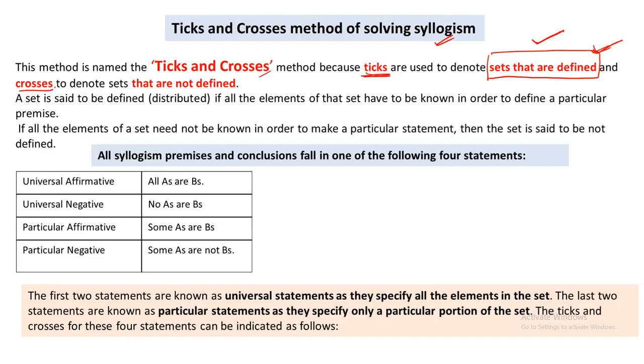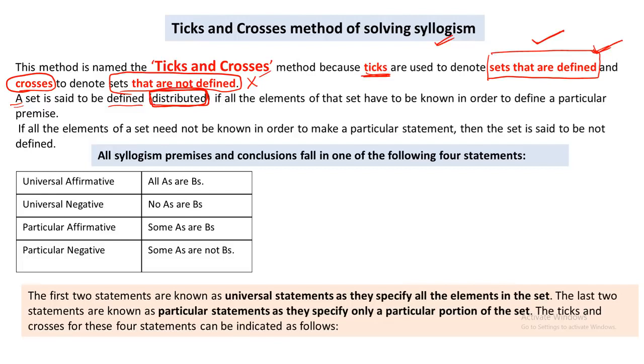And where do we put crosses? We put crosses to denote sets that are not defined, which are not completely defined. We'll see further explanation of this and how we apply all these things. How is a set defined? We can say it is defined, or we use the term distributed.